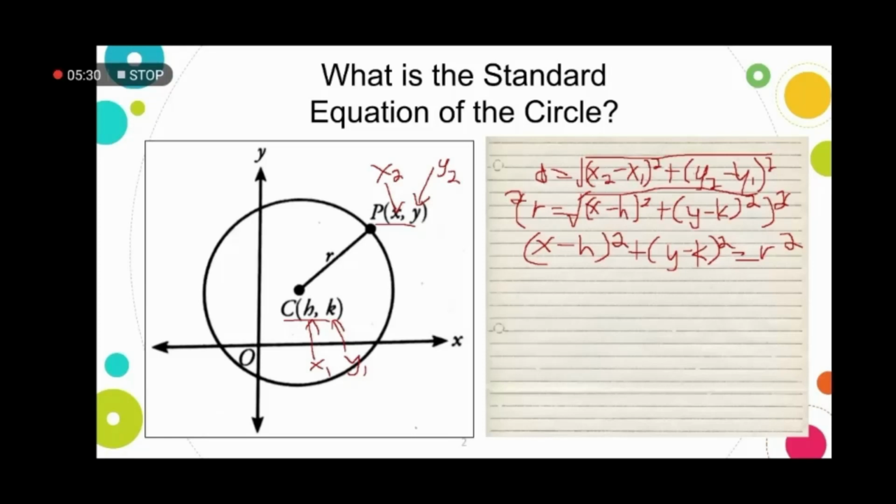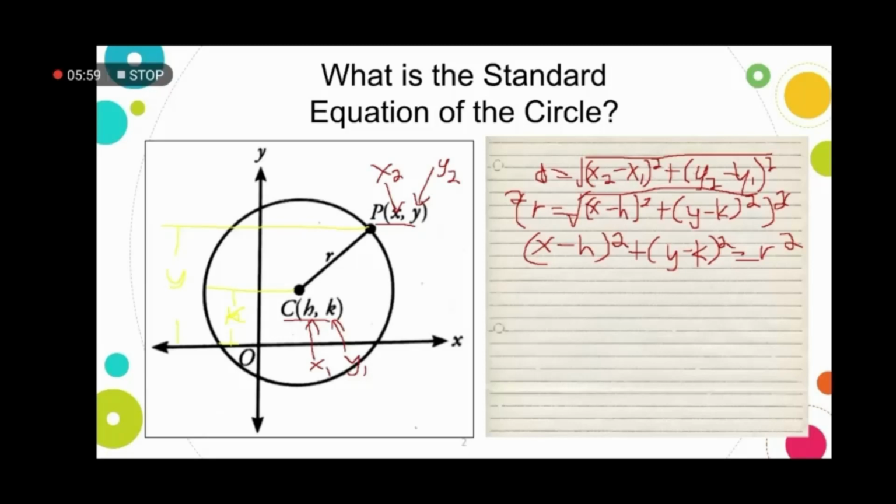The next is solving it analytically. Suppose the distance from this point to this point is h, and the distance, no, it's k because it's vertical, and the distance from here up to here is y.